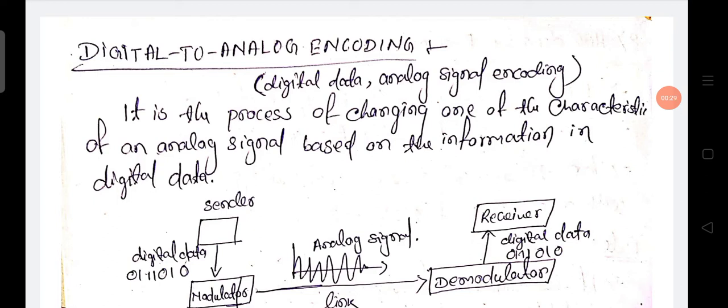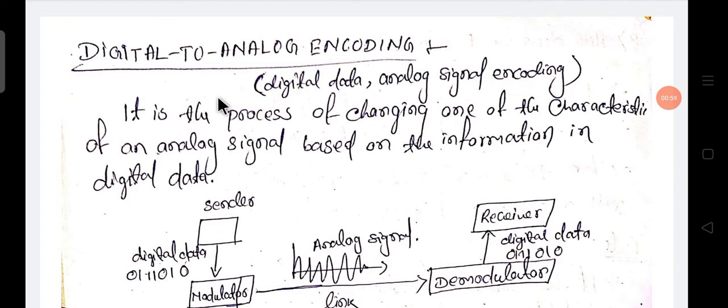And this one is digital to analog encoding, or digital data to analog signal encoding. In this process, we convert the digital data to an analog signal, and transmit it in analog channels.